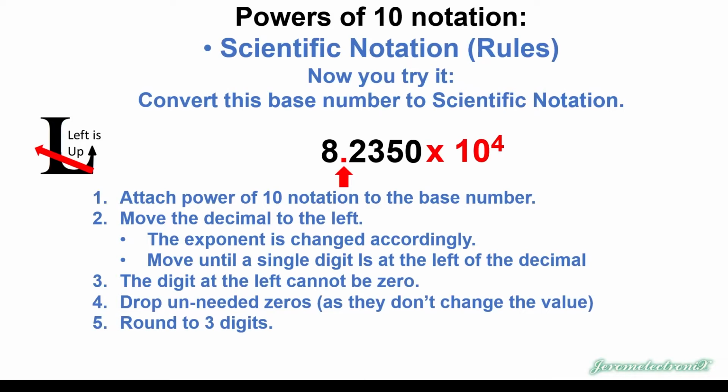Next, we can drop the unneeded zeros. There is an unneeded 0 there. The value of this number is the same, whether or not the final 0 is there. And that, of course, takes it to where it's going to be rounded anyway. So this number is converted to 8.235 times 10 to the 4th power.